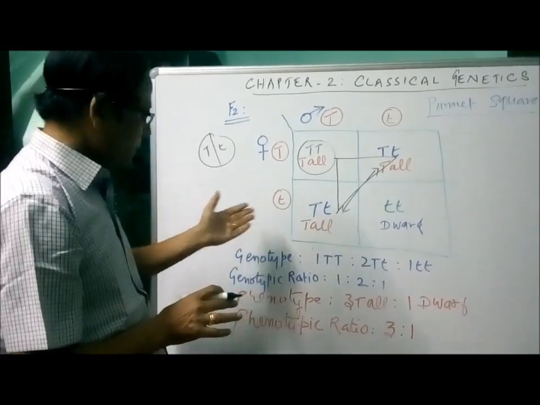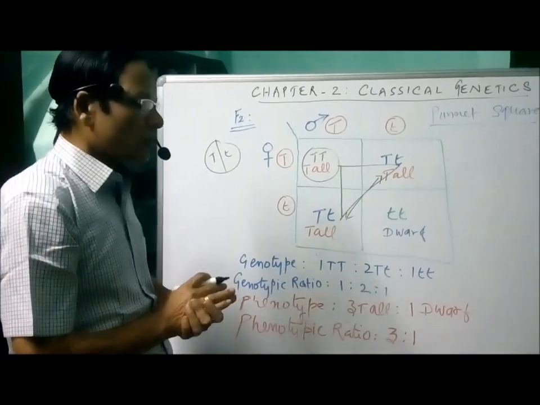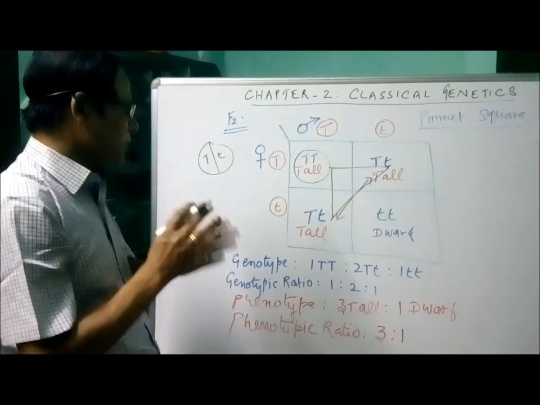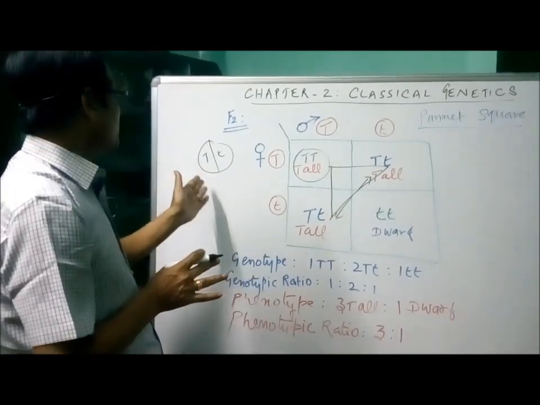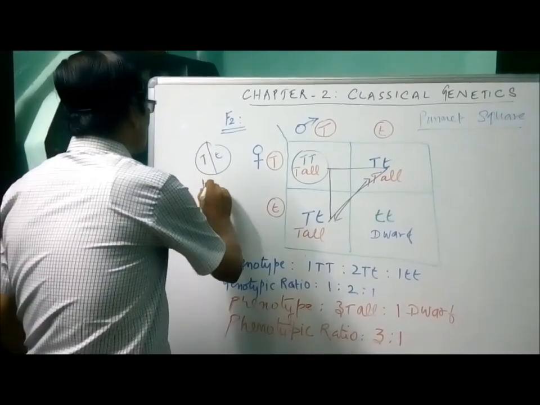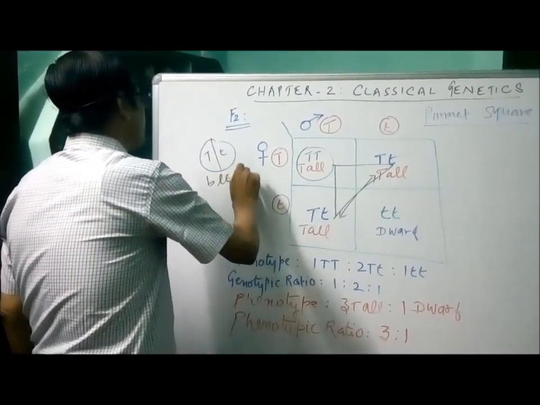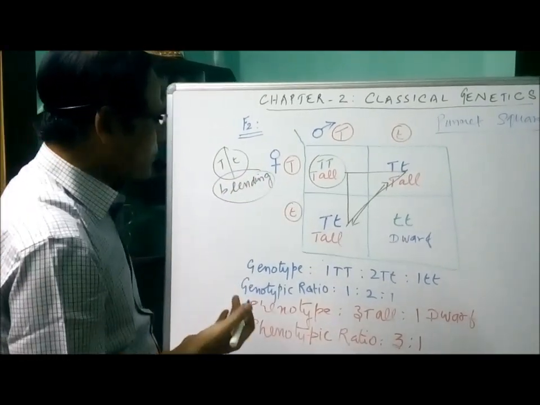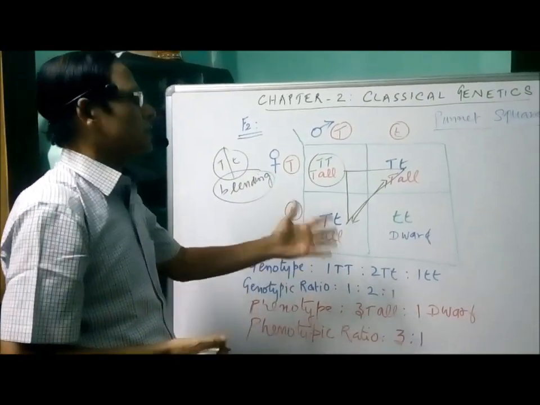So the reappearance of the dwarf character is the conclusion, the result that gives proof that there is no mixing of capital T and small t, that is called blending. There is no blending. There is no mixing. That's why we have the reappearance of the dwarf character in the F2 generation.